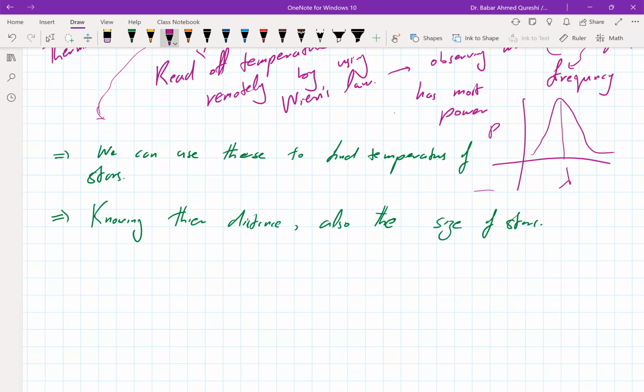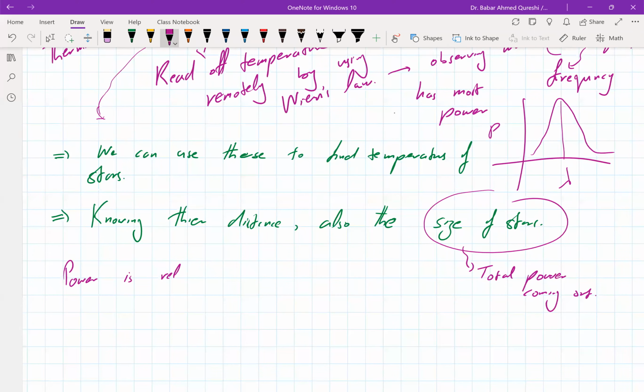Because size is related to total power coming out. And power is related to how far the star is.